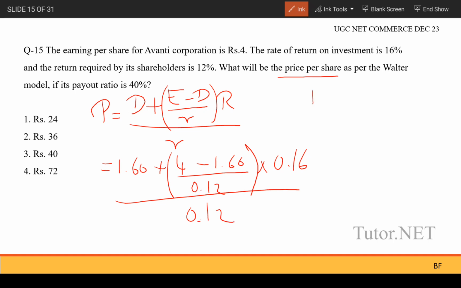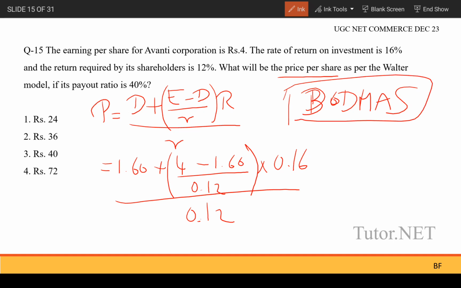So as per the BODMAS rule, we have to substitute the value inside the bracket first.